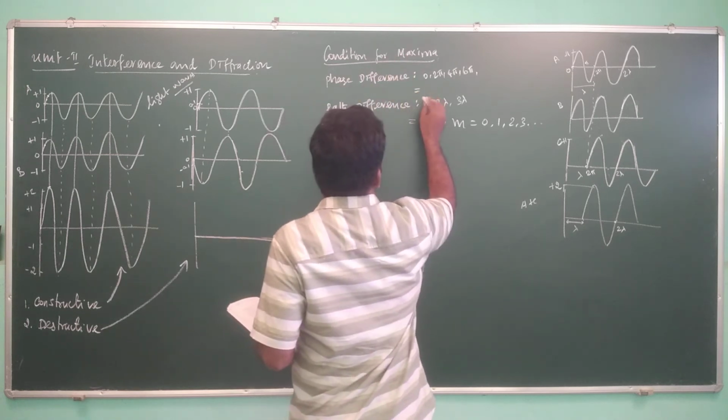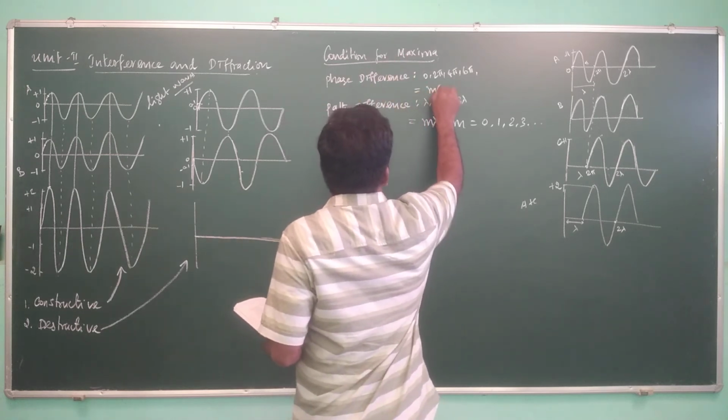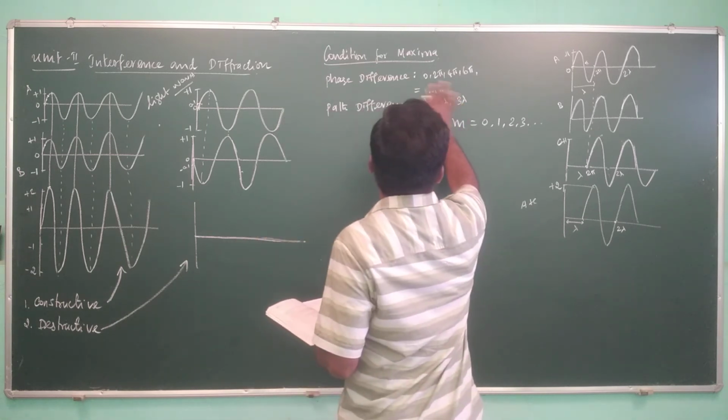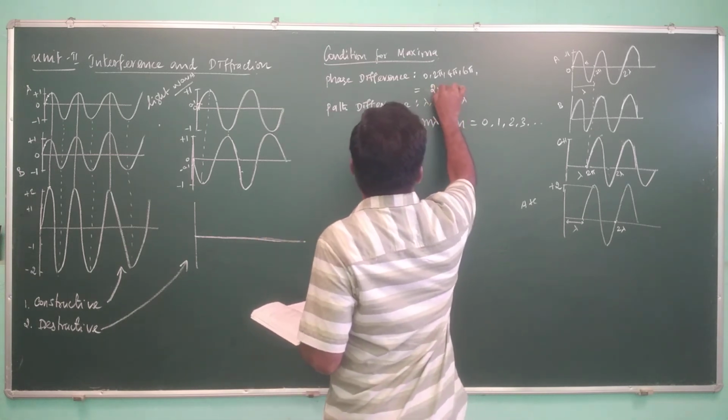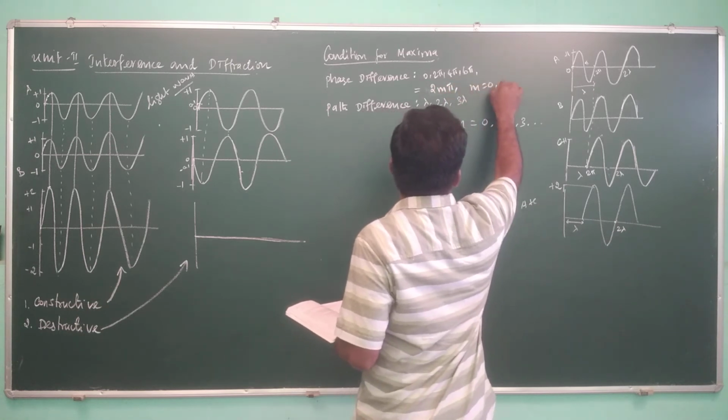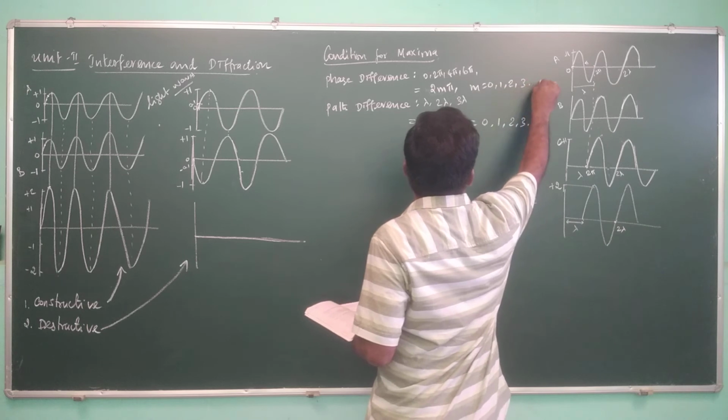Or you can generalize when there is m pi. You can write 2m pi, right? Then only when m is equal to 0, 1, 2, 3 and so on.